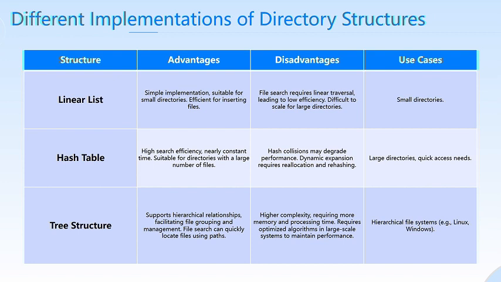It organizes directories in a tree structure where each node represents a directory or file. It supports hierarchical relationships, efficient for locating files using paths, but it has higher complexity and requires more memory and optimized algorithms for large systems.